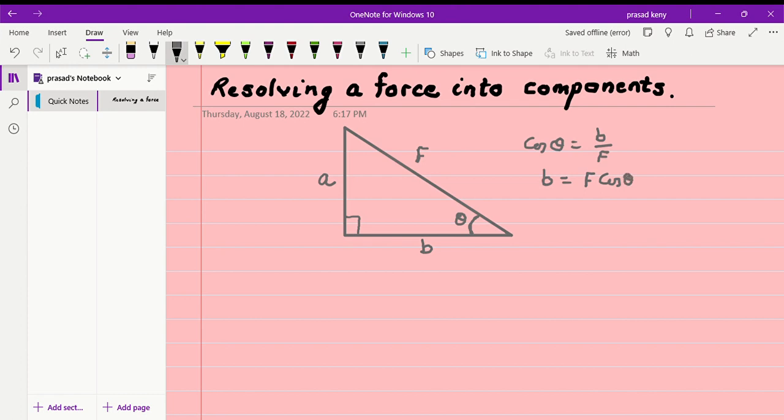So the adjacent side of theta is F cos theta. Similarly, sin theta is opposite side upon hypotenuse. That means the opposite side A is F sin theta.